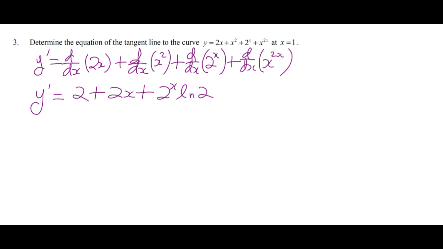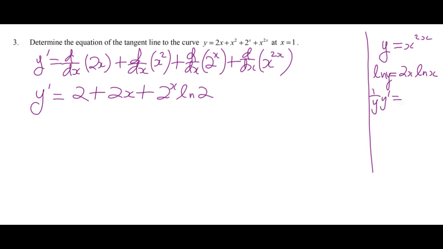Plus, now we're going to use logarithmic differentiation, but just on this. So maybe we just go over here, we just say y is equal to x to the 2x. ln y is equal to 2x ln x. So 1 over y times y prime is equal to, wow, you left yourself a ton of room here. So it's 2x times 1 over x plus ln x times 2. Leave yourself more room here.